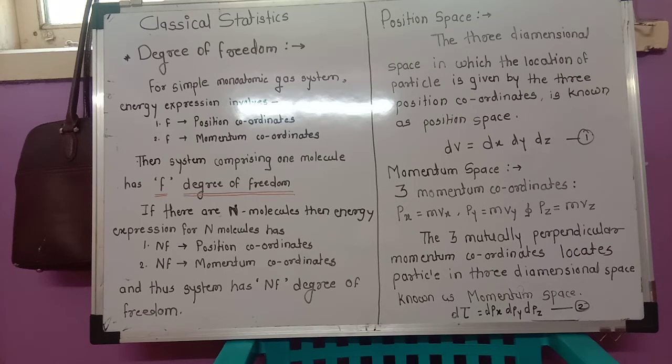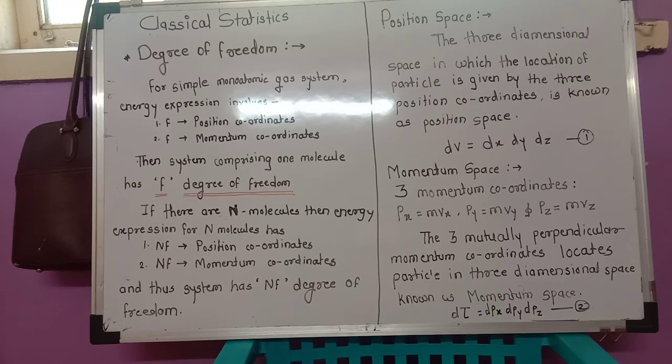Similarly, we see the momentum space. What is momentum space? We see two systems: a static system and a dynamic system. In the dynamic system, every particle is continuously moving with a certain velocity, and hence with a certain momentum p. If we wish to define a particle in such a dynamic system, we must know the momentum of that particle.